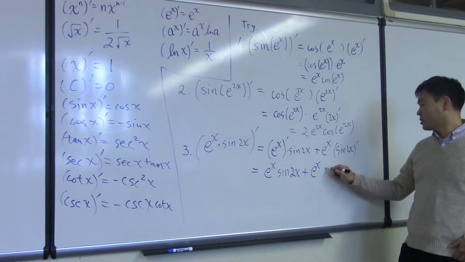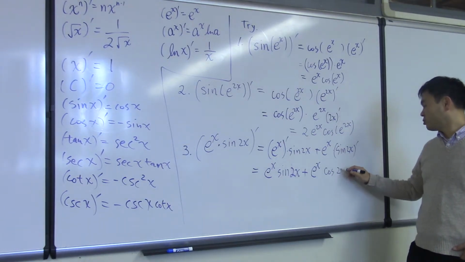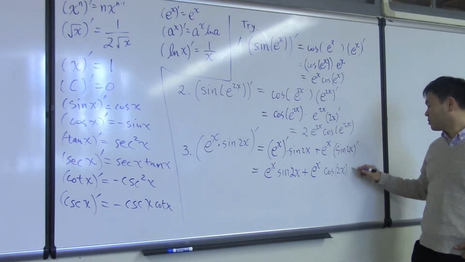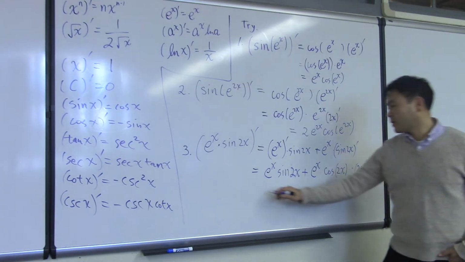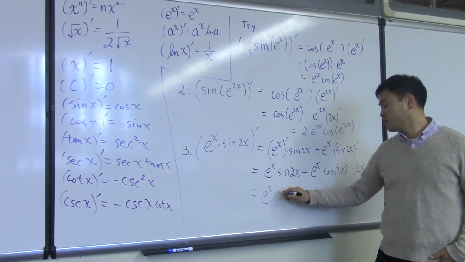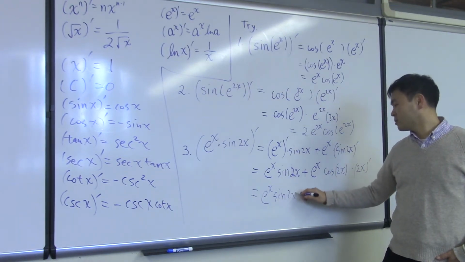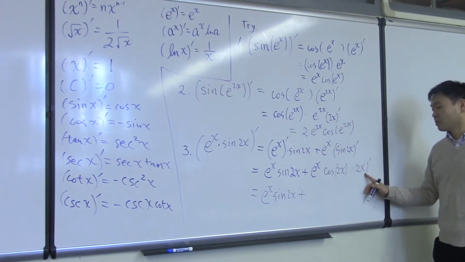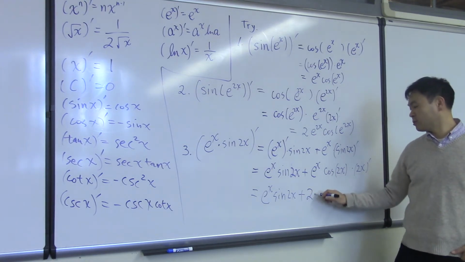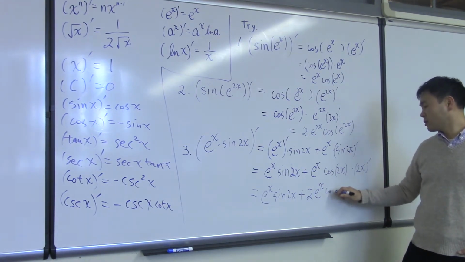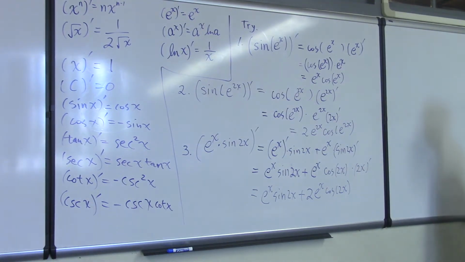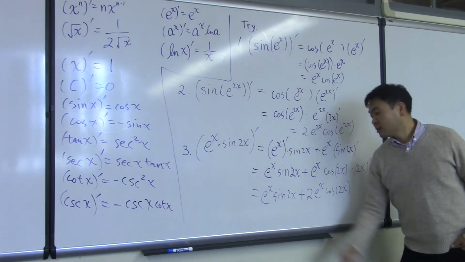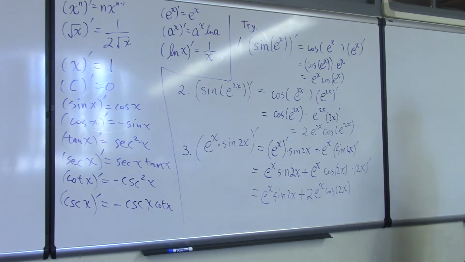So we differentiate it like cosine of 2x, but then you pull out the 2x and differentiate. And finally, you have e to the x sine 2x. This differentiates to 2, so I can put it in front. 2 e to the x cosine 2x. If you want, you can further simplify by factoring out e to the x. That's, I think, a matter of preference.